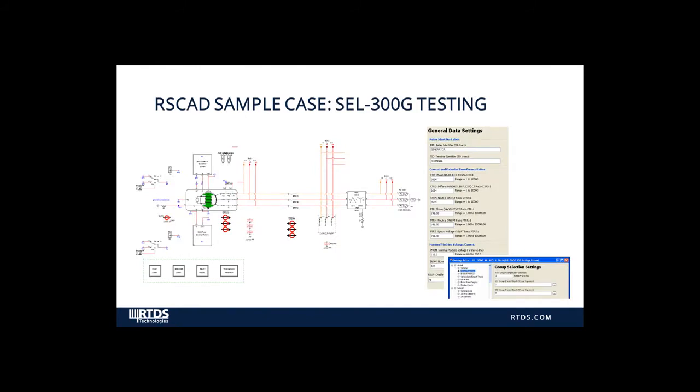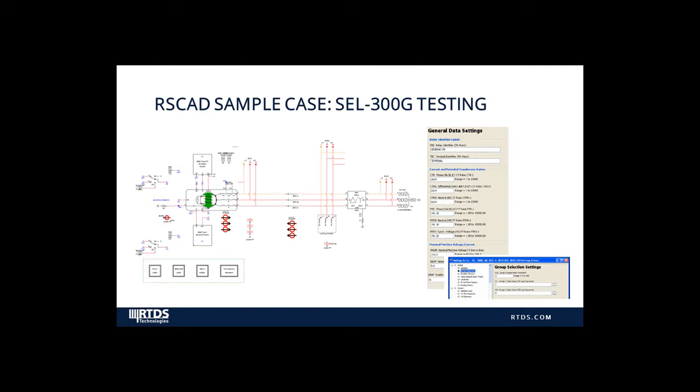I also wanted to point out this sample case, which is available in RSCAD for any RTDS simulator users. It includes a 60-page guide which walks the user through the details of testing an SEL 300G generator protection relay. So here you can see the simulation circuit where a 22 kV synchronous generator is connected to a source through a transformer.